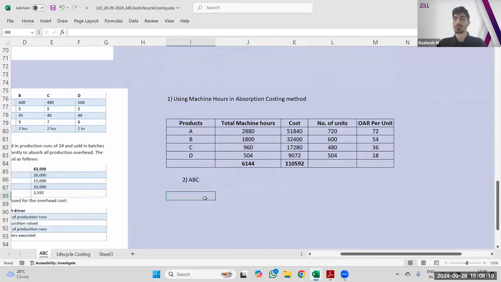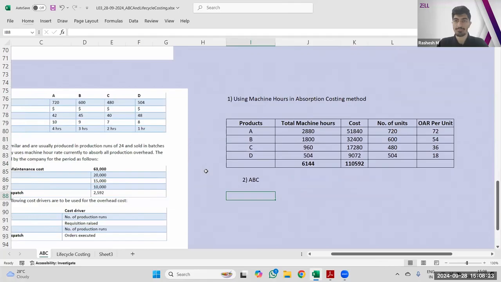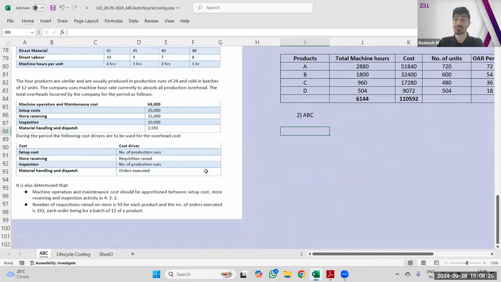All right. So let's read the question. Let's do this activity now for activity-based costing. So reading the question first. The 4 products are similar and are usually produced in production runs of 24. I make them in groups of 24.